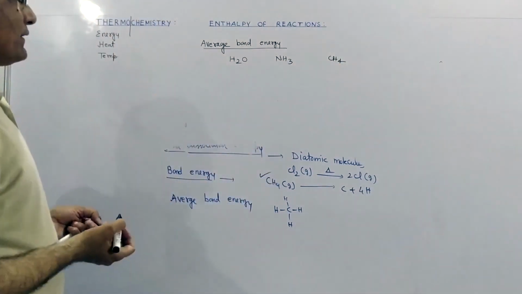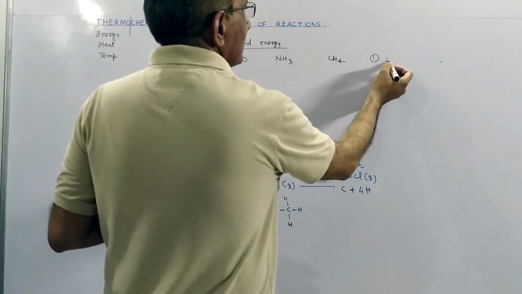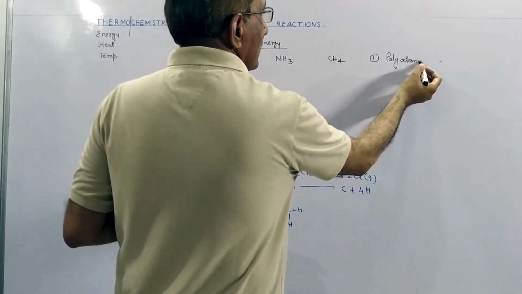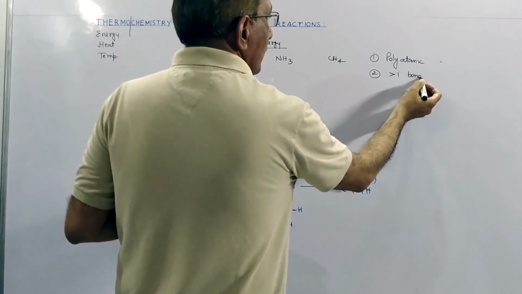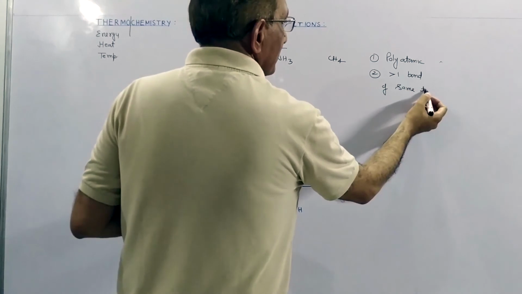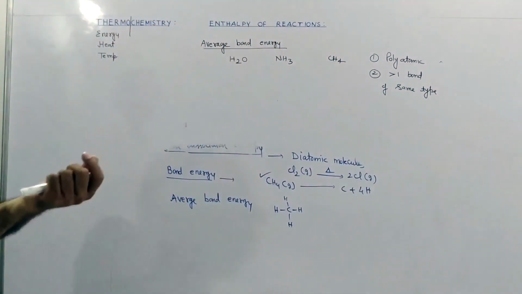The similarity in these 3 molecules is that, number 1, these are polyatomic. Number 2, more than 1 bond of the same type. They have more than 1 bond of similar type.